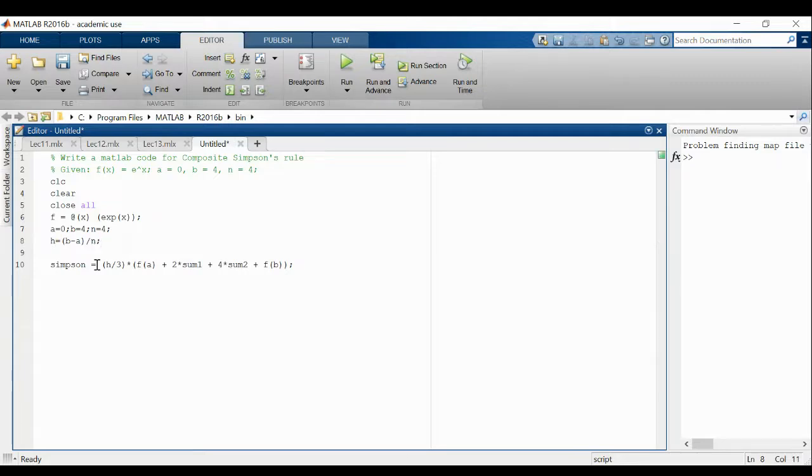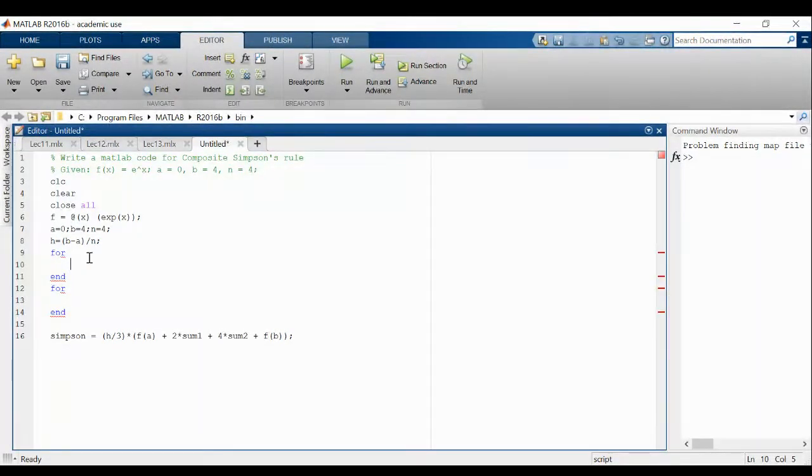Okay, and then since we are interested in finding the sum, and there are 2 sums, we have a loop for sum 1 and a loop for sum 2.